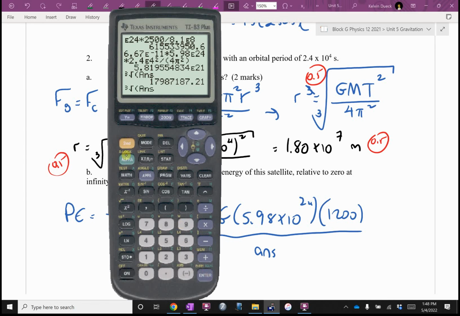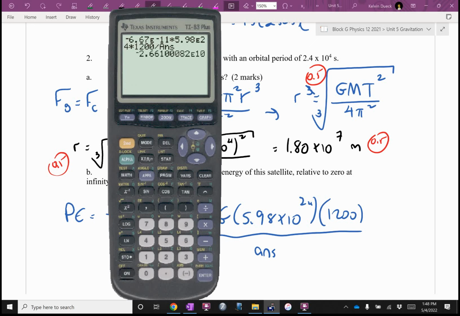If I backspace twice on my calculator, I can bring up 2 lines ago, which has big G, big M, so that's a little less typing, and then I can just keep typing from there, times 1200 divided by answer button. I think I'd do that, because why not? Is it r squared? Nope. Oh, it is negative, Mr. Dewick, so I guess technically I should put the negative in front, although I probably could have just remembered to add that afterwards. Oh, put 2 times signs.